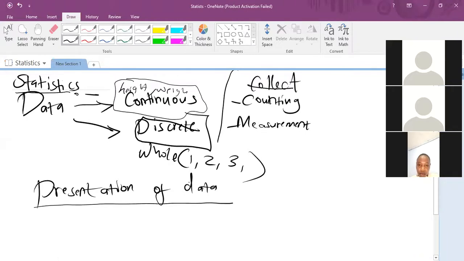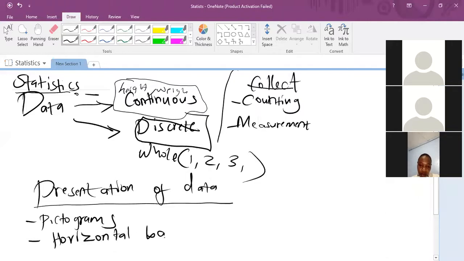We can present data using pictograms, horizontal bar charts, vertical bar charts, and these are not the only ways.